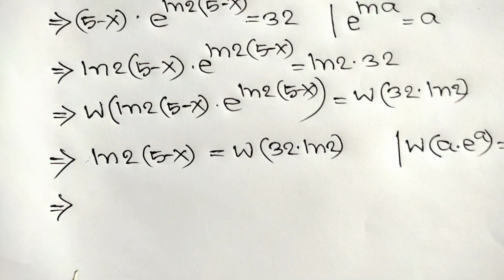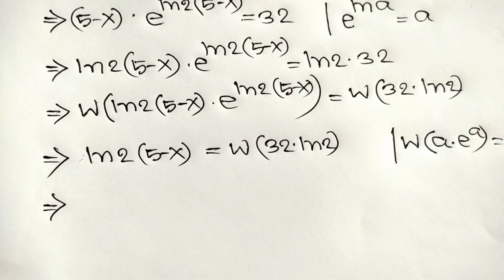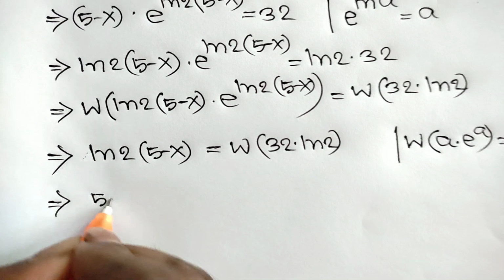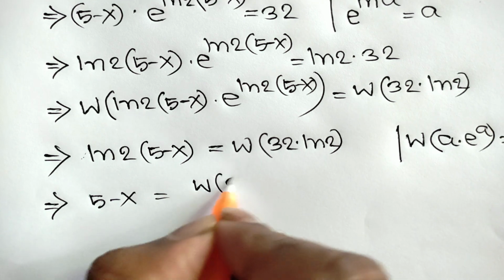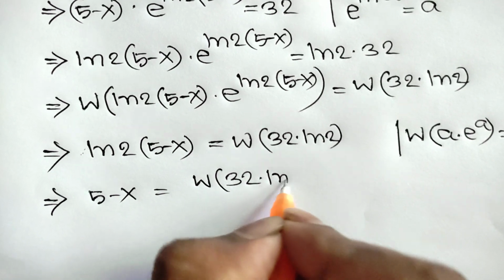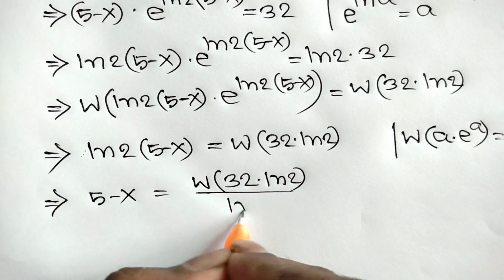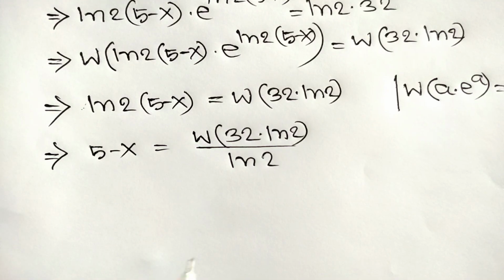Now dividing both sides by ln of 2, we get 5 minus x is equal to W of 32 times ln of 2 over ln of 2.